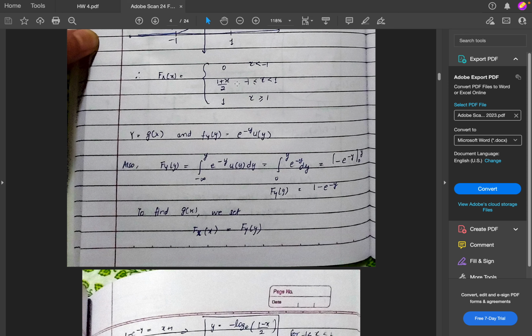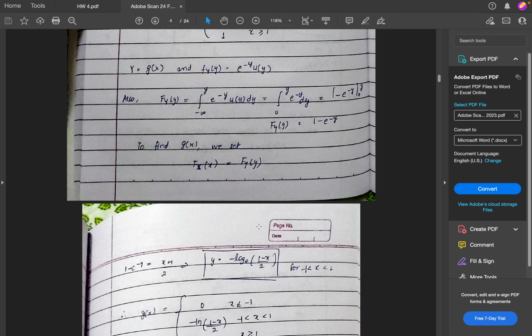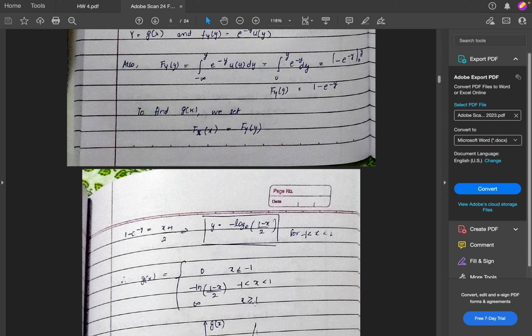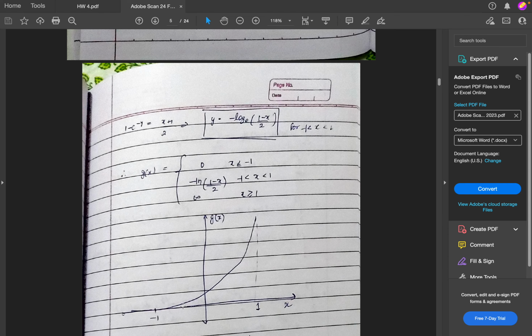For the other range of x, that is for x less than or equal to minus 1, g of x will be 0, and for x greater than or equal to 1, g of x will tend to infinity. When we plot this curve, we will get it in the following form.